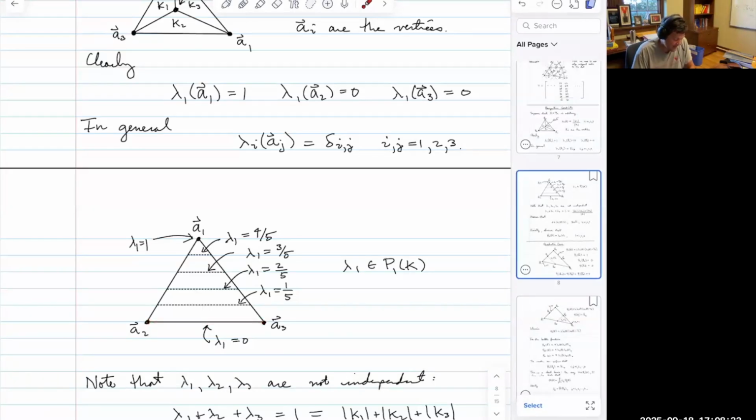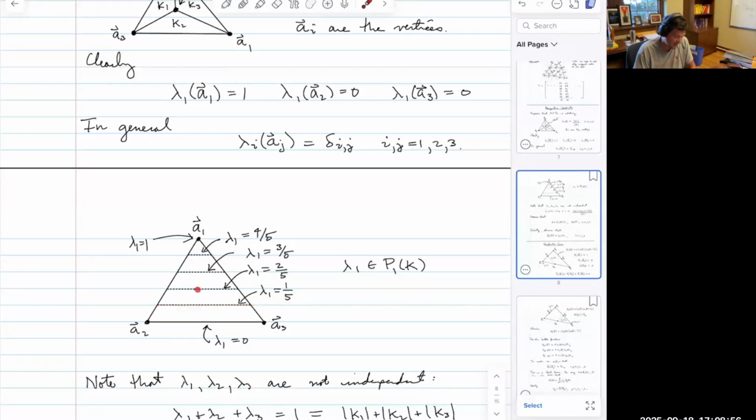Now, for any X that's on this line, that's a triangle of this length. A little formula tells us if this is 1/5 of the height up, then that triangle is going to be 1/5 of the total area. So that has the barycentric coordinate lambda 1 equals 1/5.